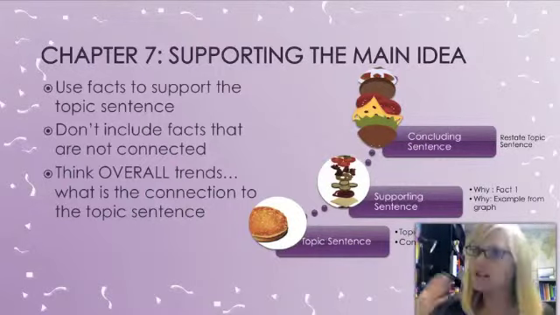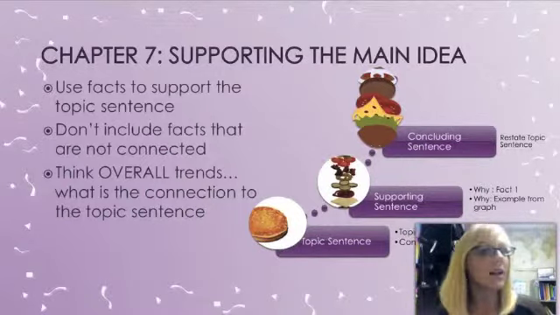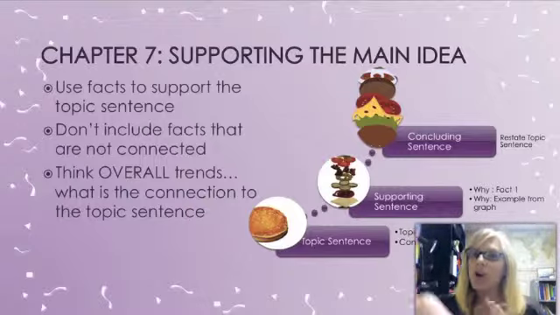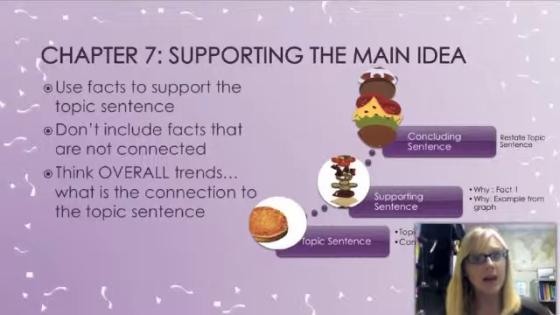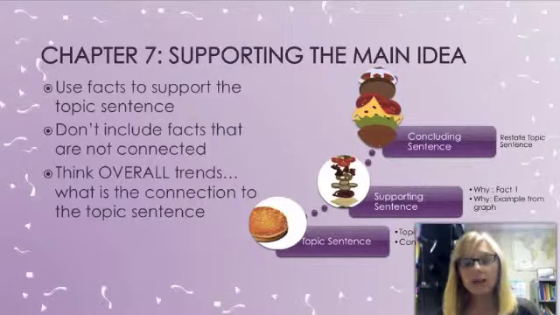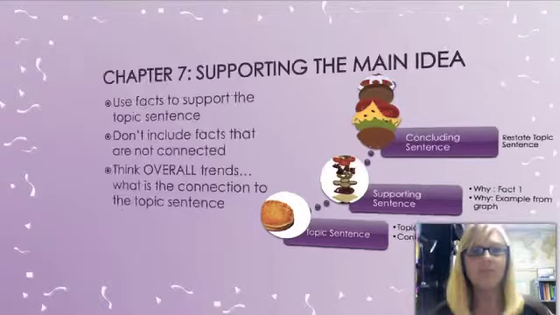Can they put the adjectives and the adverbs in the right place? The purpose of a graph or a chart in writing is so that you can look at overall trends, bigger picture ideas, and then you can apply them to whatever topic sentence that you have. So you can use those, remember, to support that main idea.